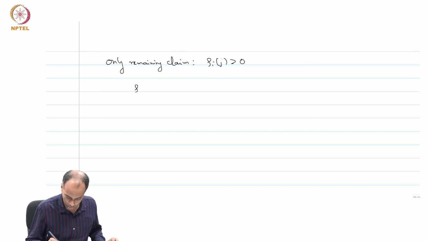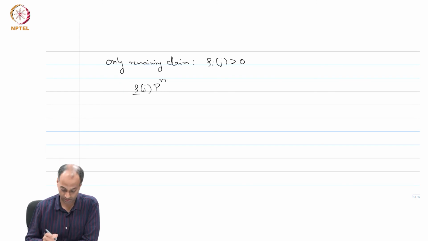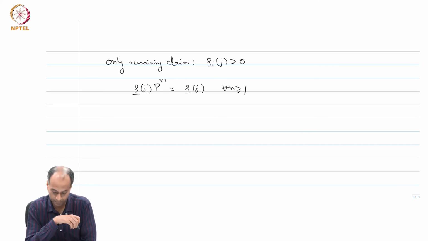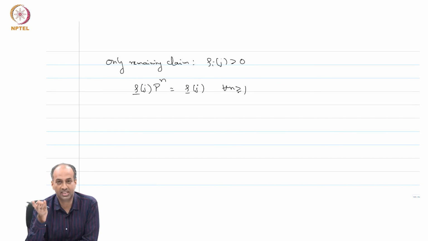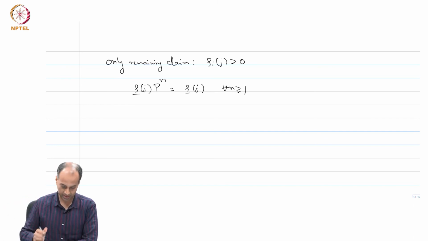You have ρ(j) P to the nth power is equal to ρ(j) for all n greater than or equal to 1. That is because we showed ρ(j) to be stationary, we showed that ρ(j) P is equal to ρ. So ρ(j) P squared is equal to ρ and so on.